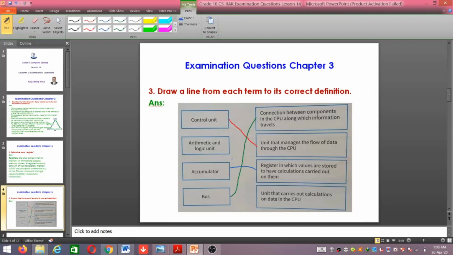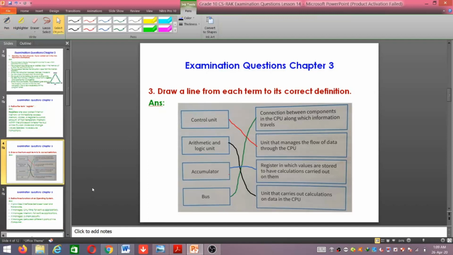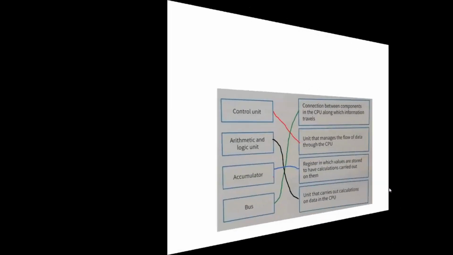The unit that carries out calculations is the ALU. So I draw a different color line here, and this is ALU. So as I told you, first you try to solve the questions yourself, and then you see the answers to confirm it. Okay, next question. Let's move to the next question.